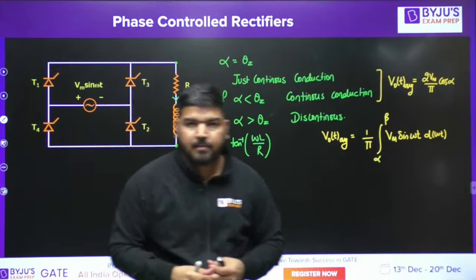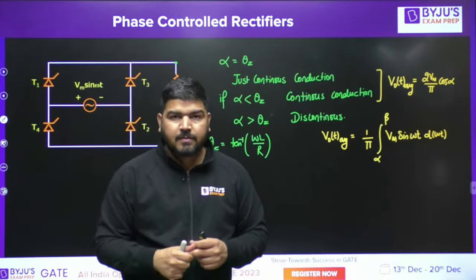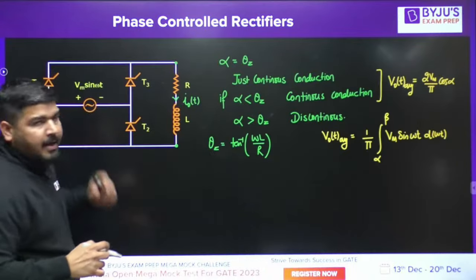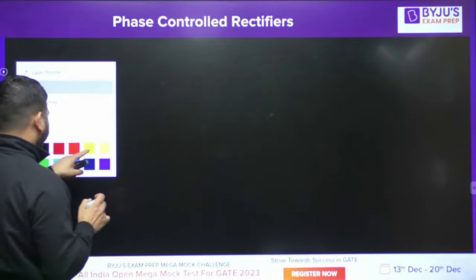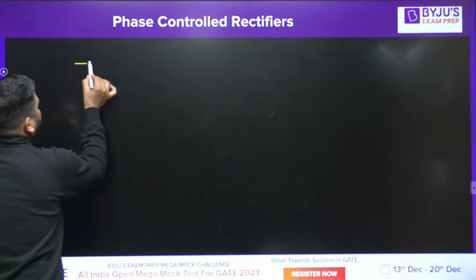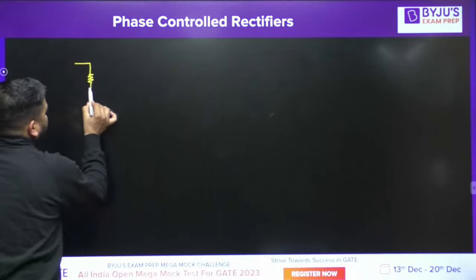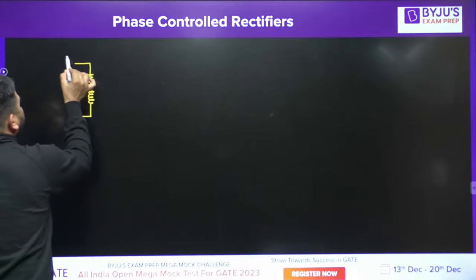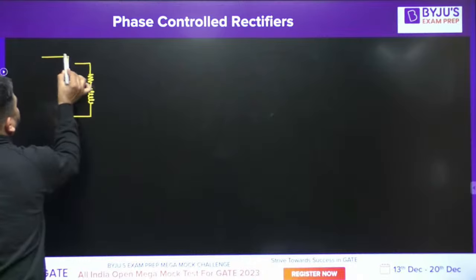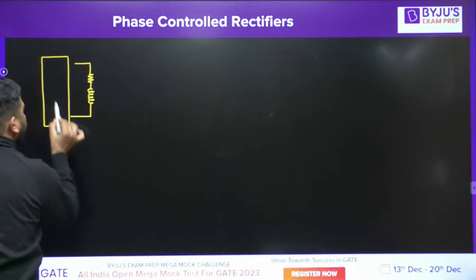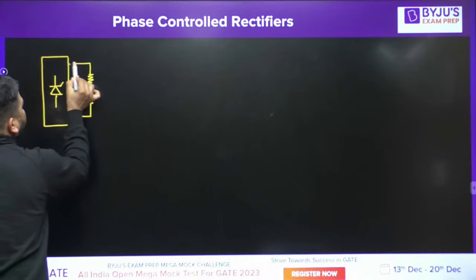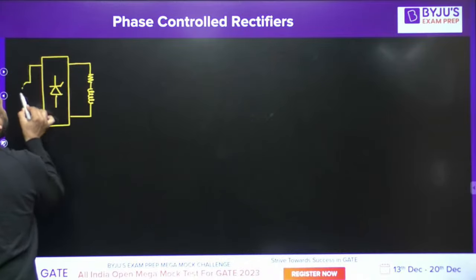Now let's take some question. Let me frame a question. Let's say I have this RL load, and I have a single phase controlled rectifier, and an AC source Vm sin omega t.